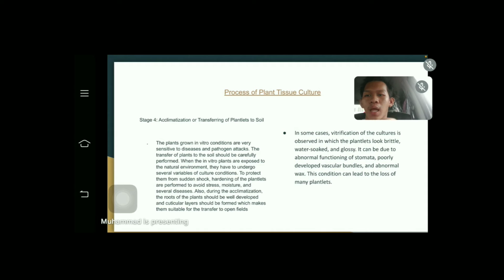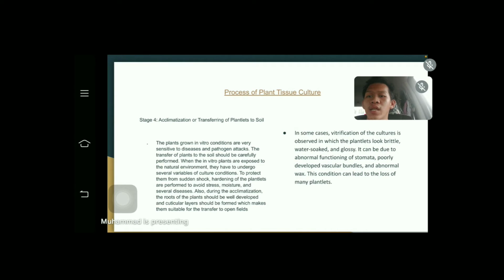undergo several variations of culture condition to protect them from sudden shock. Hardening of the plants is performed to avoid stress and several diseases.